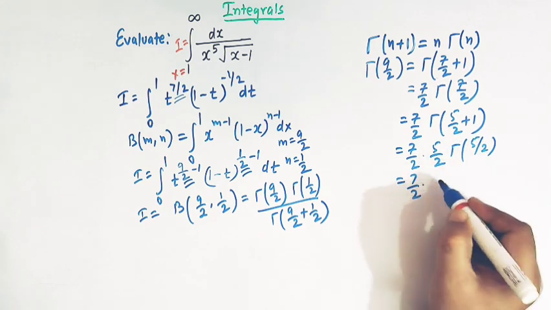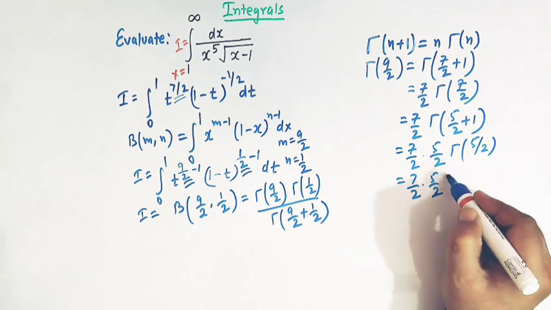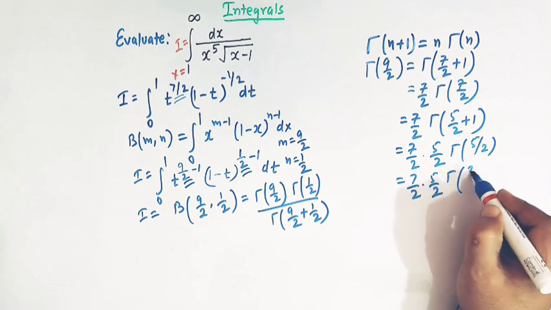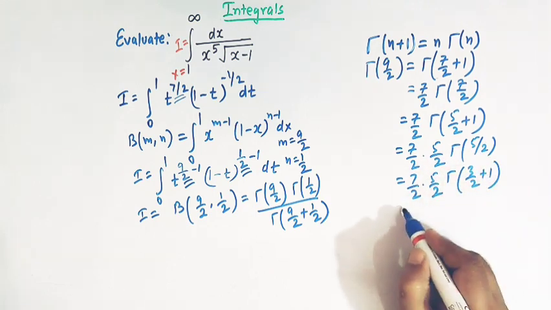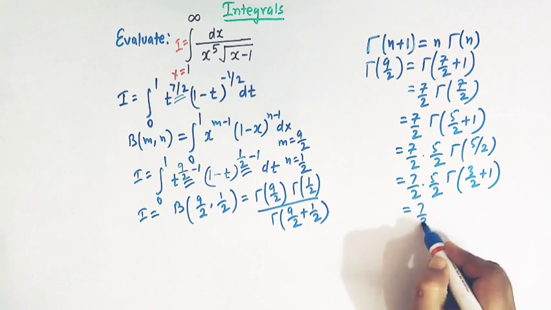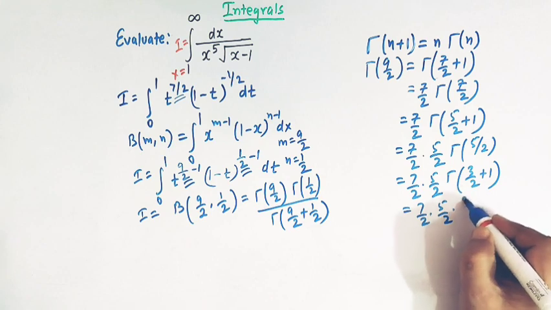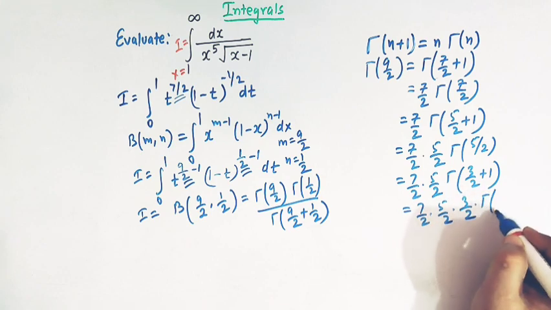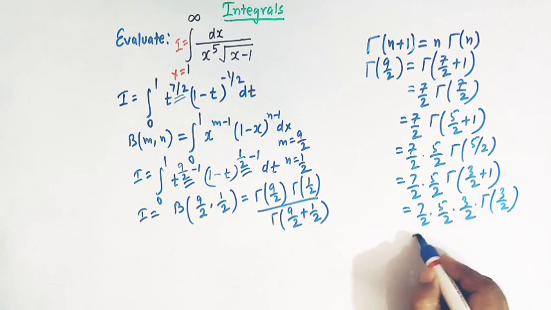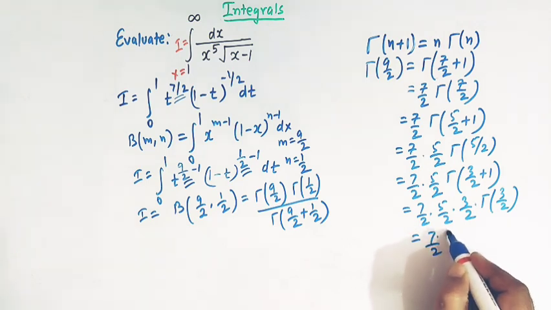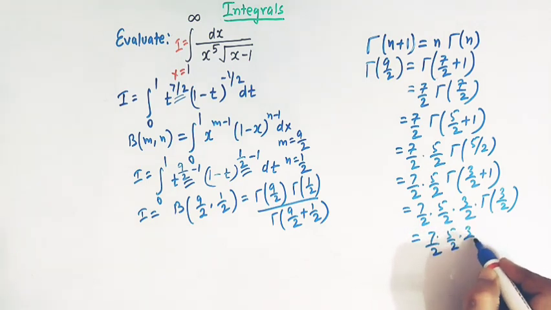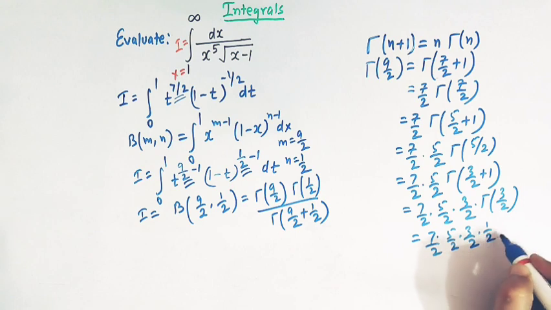Again, this is 7 by 2, 5 by 2, and we can write gamma of 3 by 2 plus 1, and we can write 7 by 2 times 5 by 2 times 3 by 2 times gamma of 3 by 2, and we can now write 7 by 2, 5 by 2, 3 by 2, and here we have half times gamma of half, right?